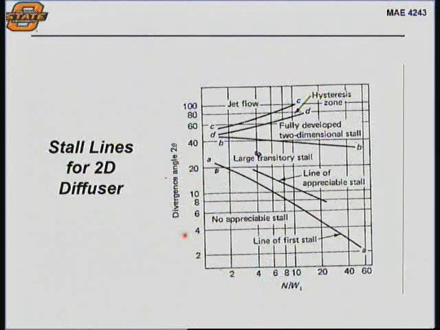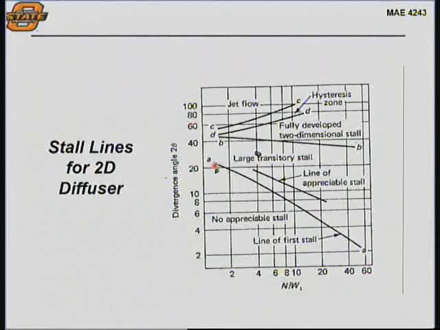Here is a plot of the divergence angle, the included angle of the 2D diffuser, versus a parameter that is the length of the diffuser, N, divided by the inlet height of the diffuser. So this is sort of like an aspect ratio of the 2D diffuser versus the included divergence angle.